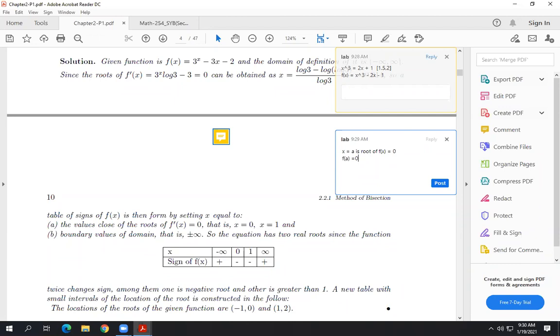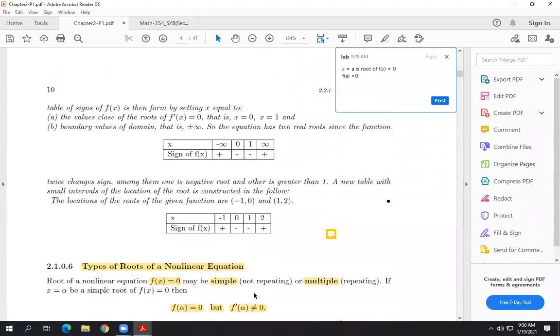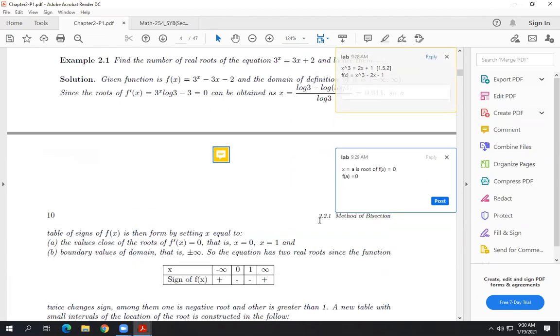What is your next job? You have to check whether this root is simple or multiple. I give you the definition: simple means not repeating, multiple means repeating. Now you can see here x squared plus 5x plus 6 equal to 0.